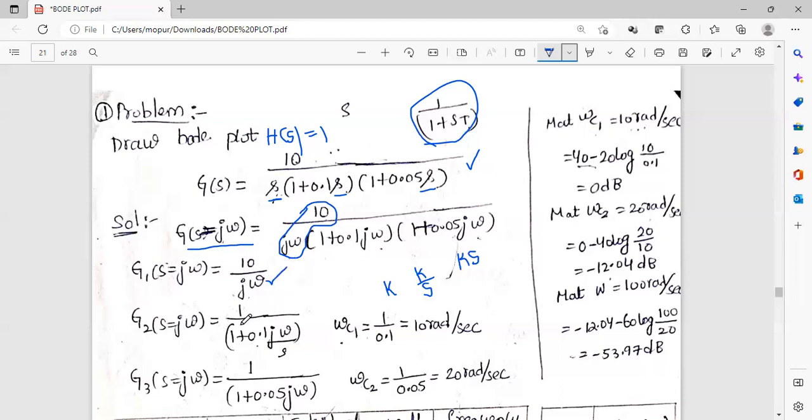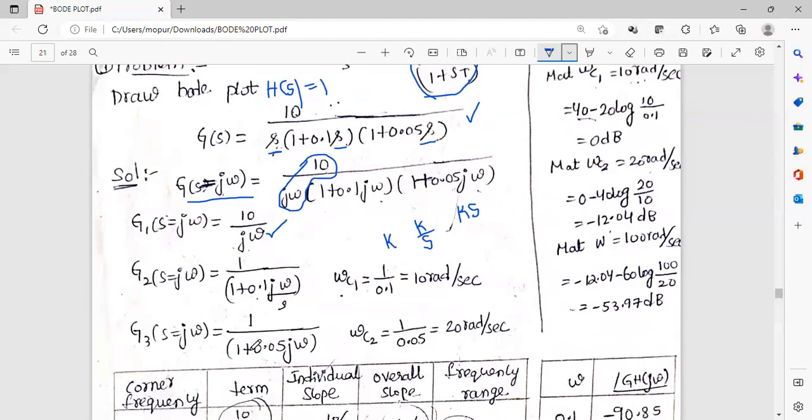Then the second component is 1 by (1 plus 0.1 j omega). Then the third one is 1 by (1 plus 0.05 j omega).